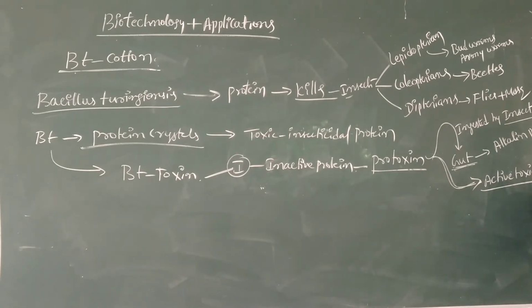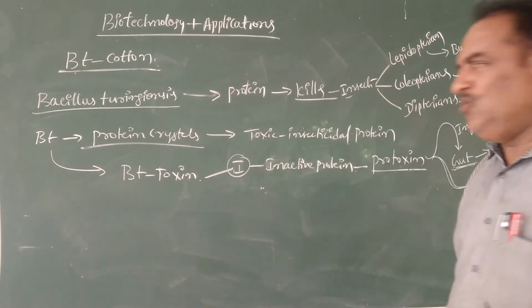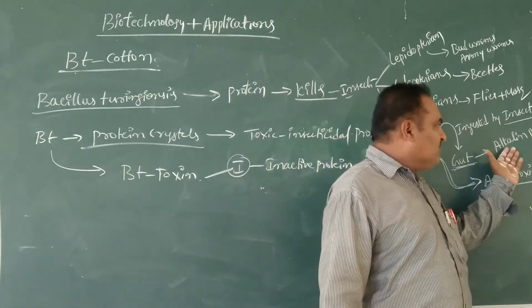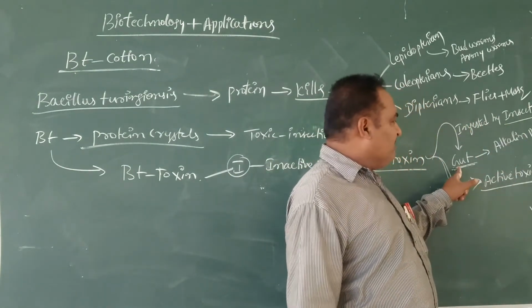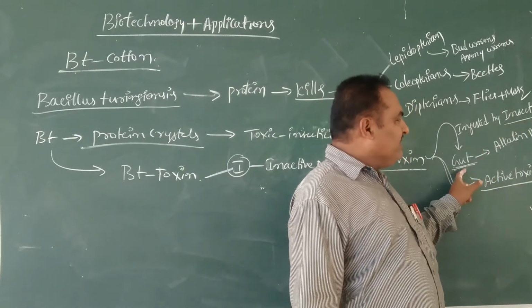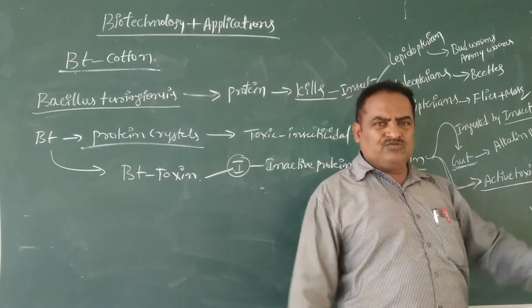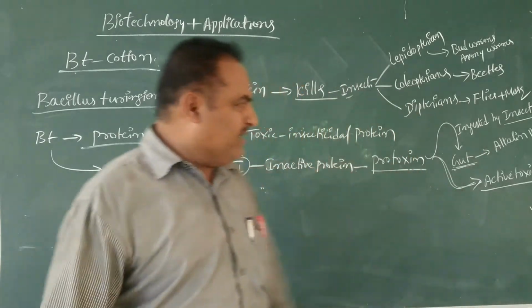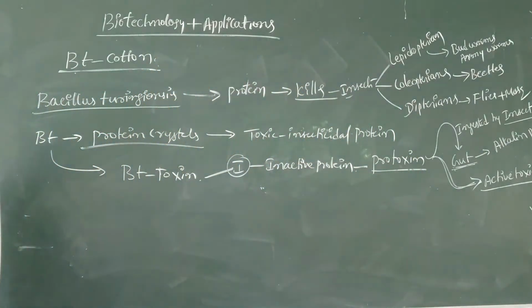Then pores or holes form in the gut, and afterwards the insect dies. The death of the insect takes place due to the conversion of protoxin into active toxin in the presence of alkaline pH in the gut.